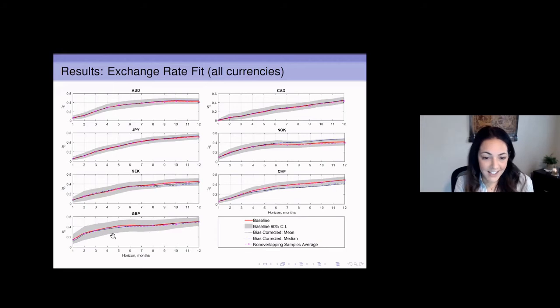Well, the red line is the baseline model that I showed you, and then I looked at many robustness checks to see what if I account for bias in the estimates, what if I look at non-overlapping observations? What are my confidence intervals at the 90% level? Those are the gray bars. So I'm looking at many different robustness checks, and the results hold across all these different specifications.